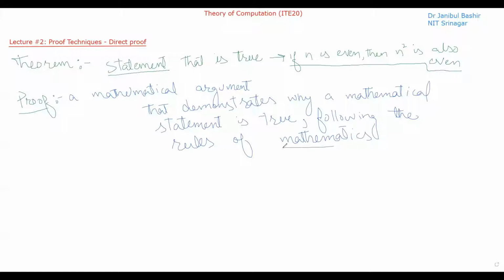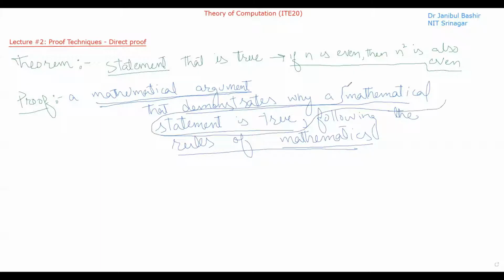So we have to use the rules of mathematics, and based on those rules, we have to design a mathematical argument that will demonstrate why a mathematical statement is true. So this mathematical statement is true, and this we have to prove. This is called a proof: a mathematical argument that demonstrates why a mathematical statement is true. A statement that is true, what is that called?